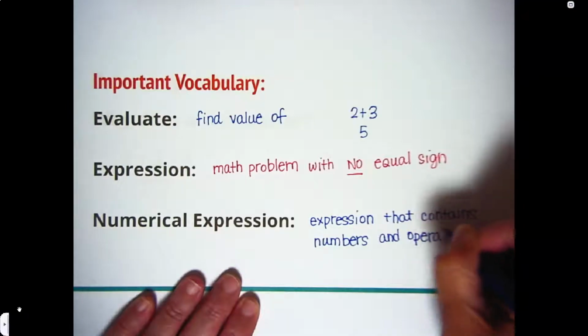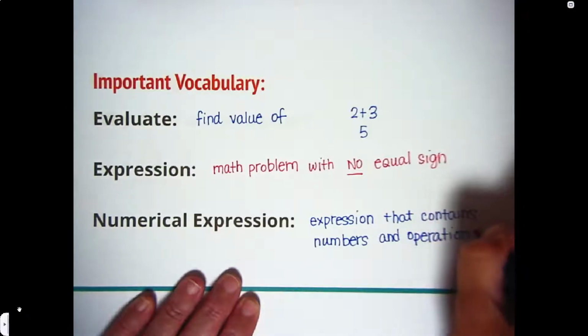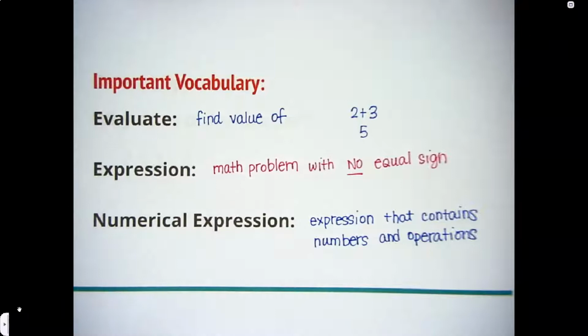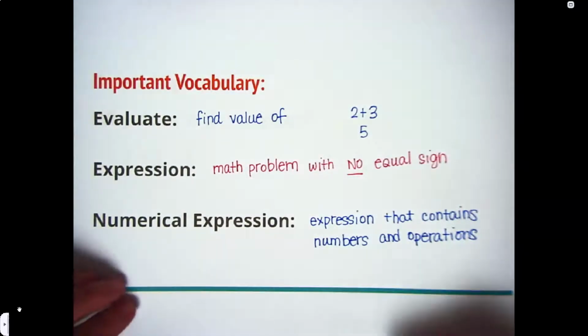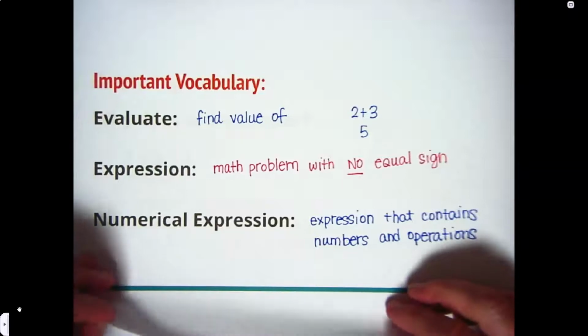And the purpose of the operations is to tell us what to do with those numbers in that expression. So we're going to evaluate, find the value of expressions, which are math problems with no equal sign. And all of the problems we're going to do today are going to be numerical.